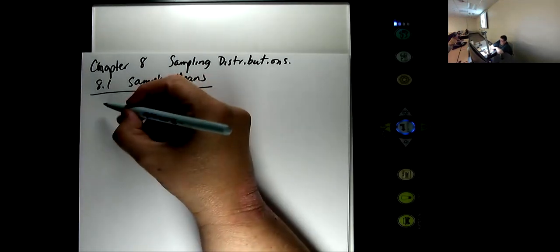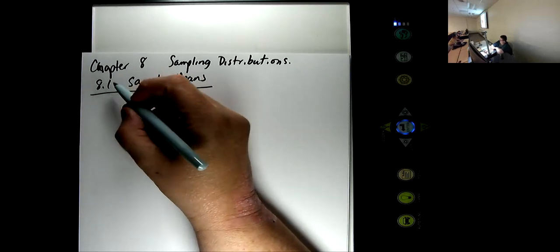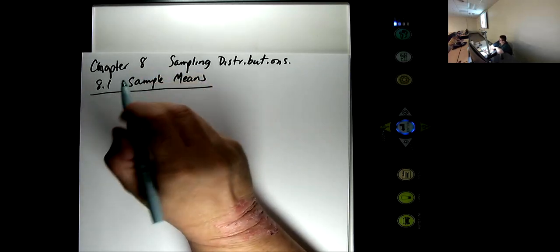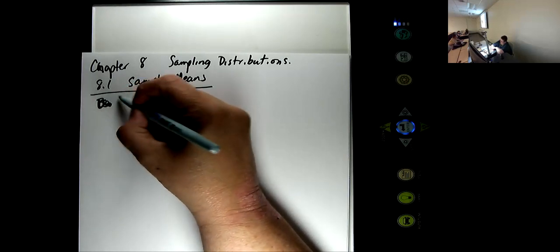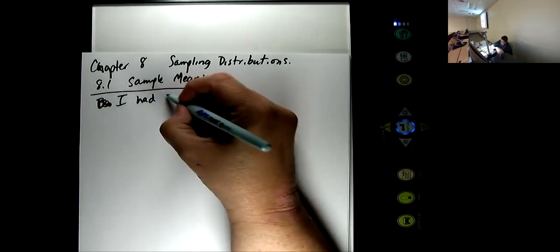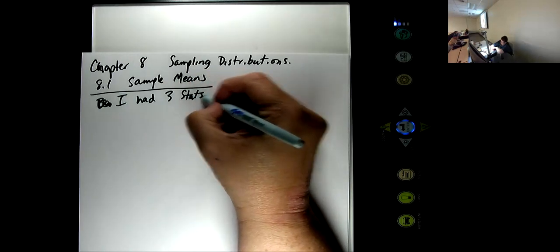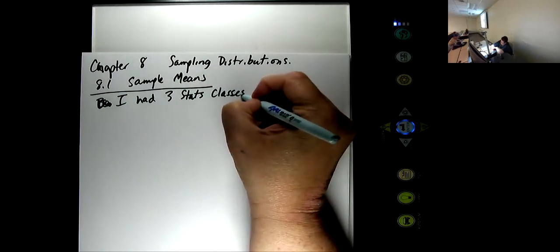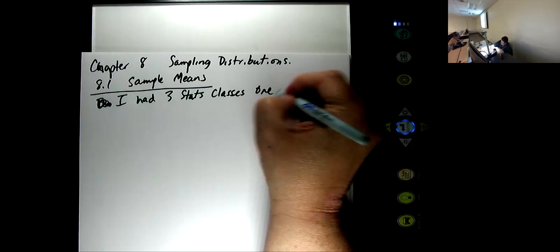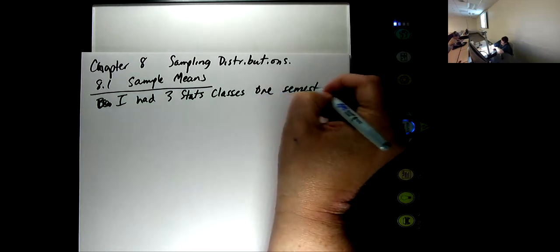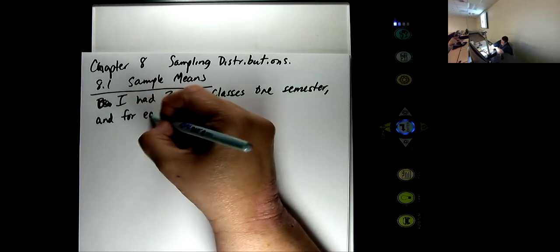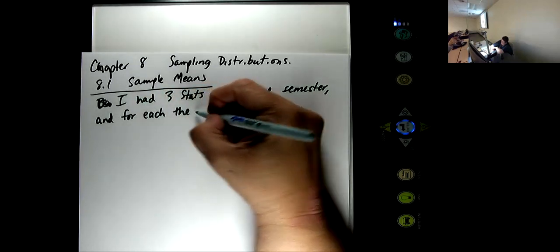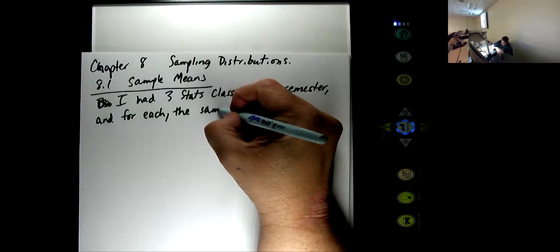So let's motivate this idea. This semester I only have 2 stats classes, but I had 3 stats classes one semester. And for each, the sample mean was different.